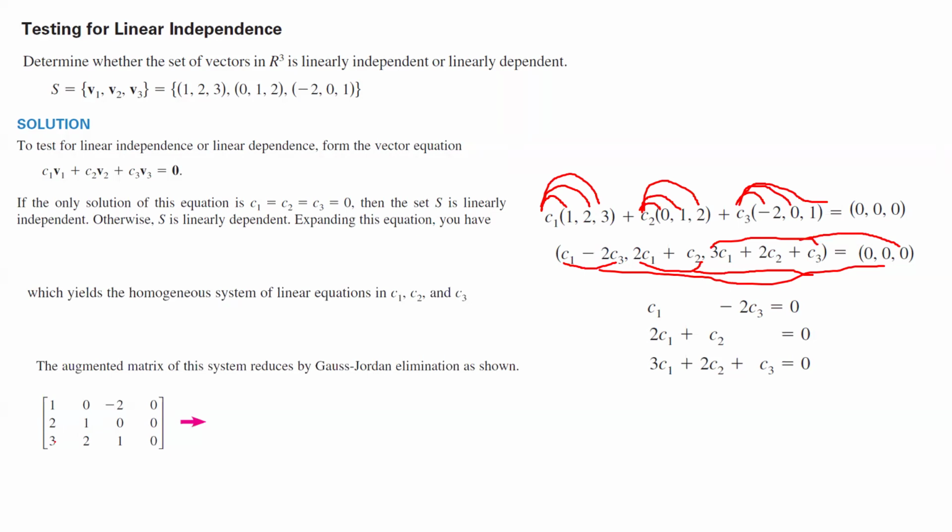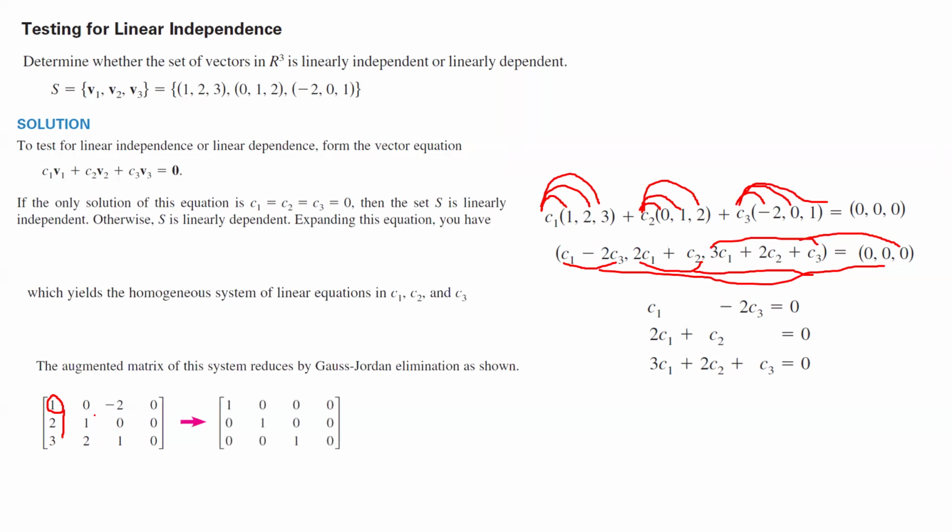Then 3, 2, 1 equal to 0. So you can reduce this. The pivot must be equal to 1, and everything below 1 must be equal to 0, and the same for the next pivot. So let's see.